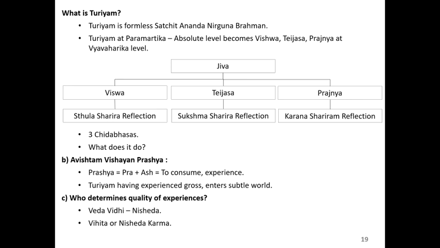Turiyam is called the original consciousness or chit. The physical body experiences, the subtle body experiences, the causal body experiences are reflections. In Tattva Bodha, we have seen they are called chid abhasa.